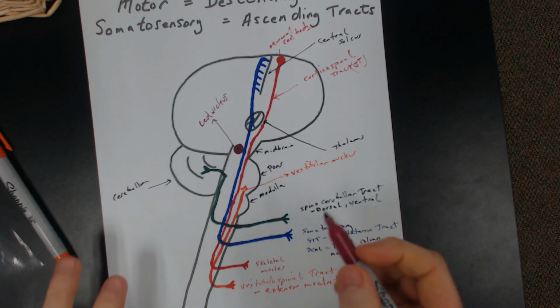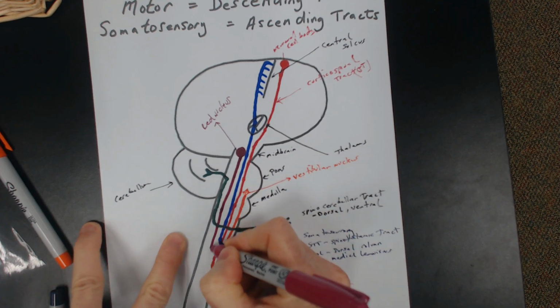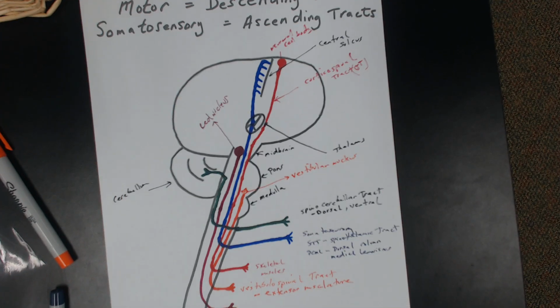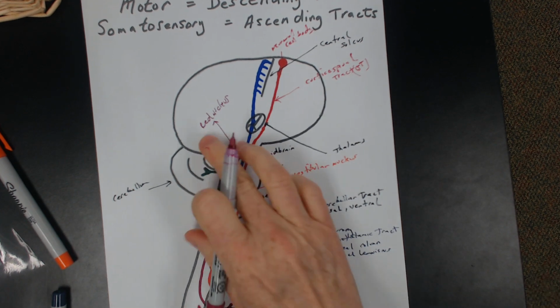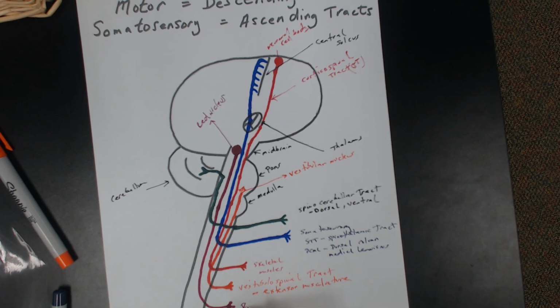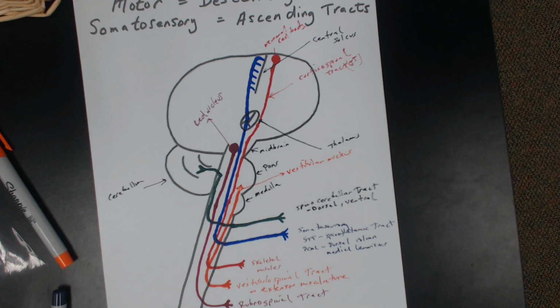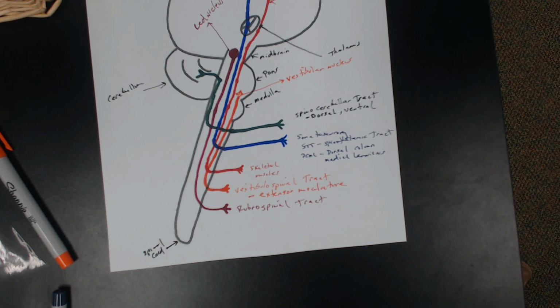This red nucleus sends out axons that carry information down the spinal cord, and the name is going to be, for red, rubro, R-U-B-R-O, spinal tract. Okay, your rubrospinal tract. Neuronal cell bodies are in the red nucleus in the midbrain, travel all the way down through the spinal cord, known as the rubrospinal tract.